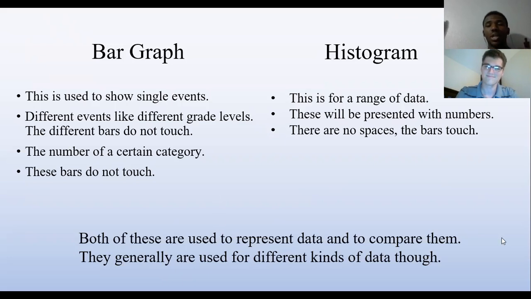But that's just a general rule for it. Now, you should note that both of these are used to represent data and to compare data. They're generally used for different kinds of data, though. That's the difference. And how is a histogram related to a bell-shaped curve?